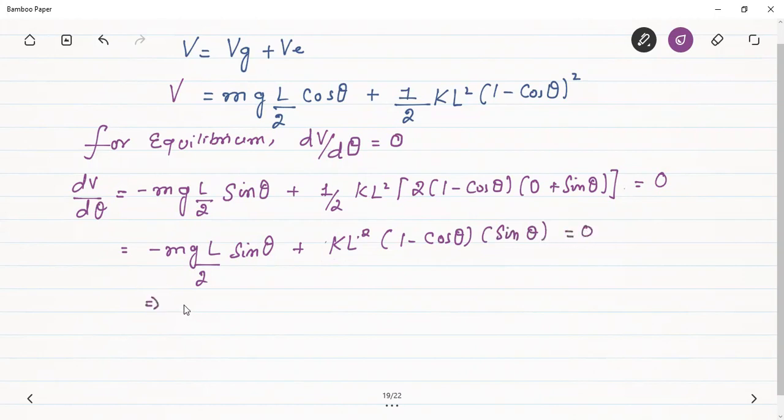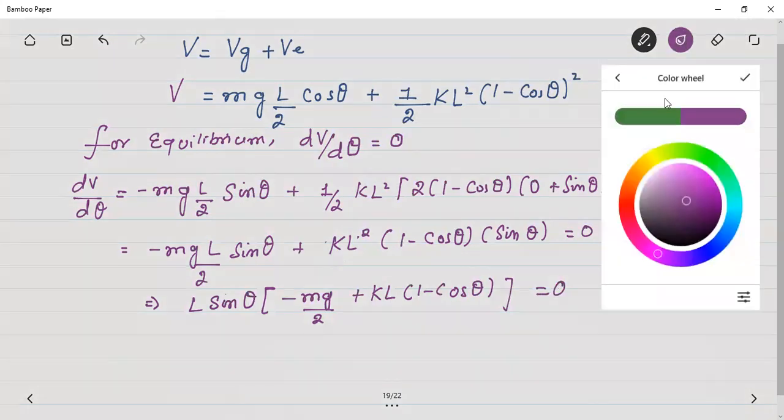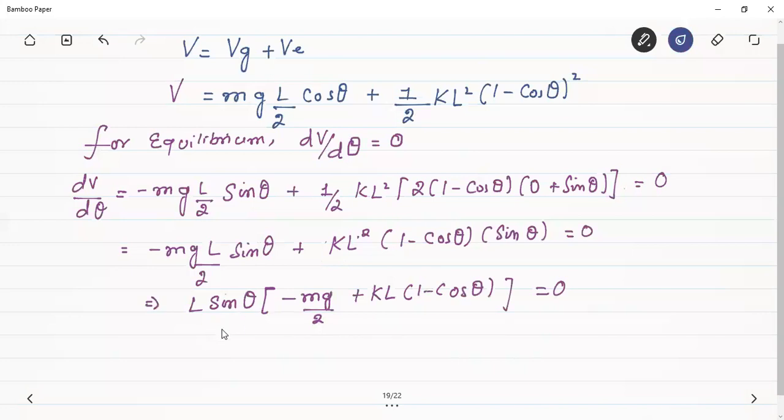We can take L sine theta common here, and in the brackets we will have minus mg by 2 plus kL (1 minus cos theta). So this has to be 0. Now we will get two values of theta. Okay, for the equilibrium condition, we will get two values of theta.